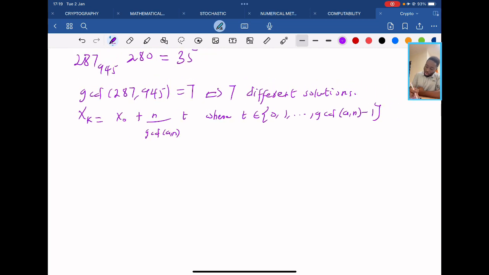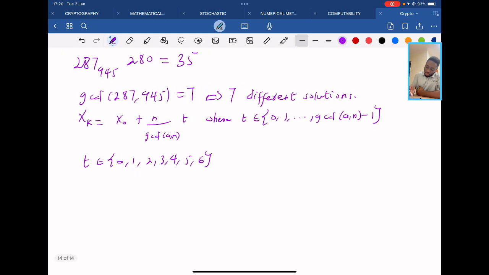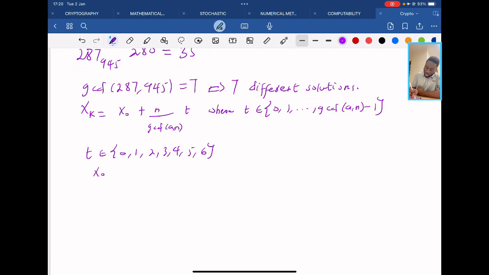The GCD of A and N is 7. So 7 minus 1 is 6. So 0, 1, 2, 3, 4, 5, 6. So our first s, the one that we had, was x naught, which is equal to 280.